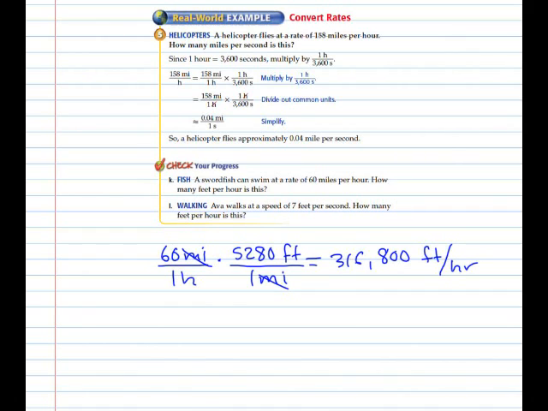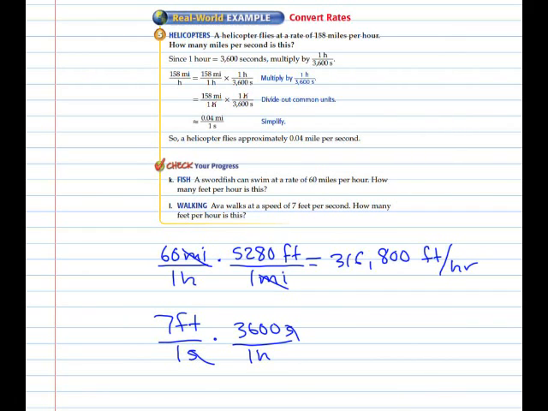Ava walks at a speed of 7 feet per second. So 7 feet, 1 second. How many feet per hour is this? Well, if I multiply, there are 3,600, 60 times 60 is 3,600 seconds in 1 hour.